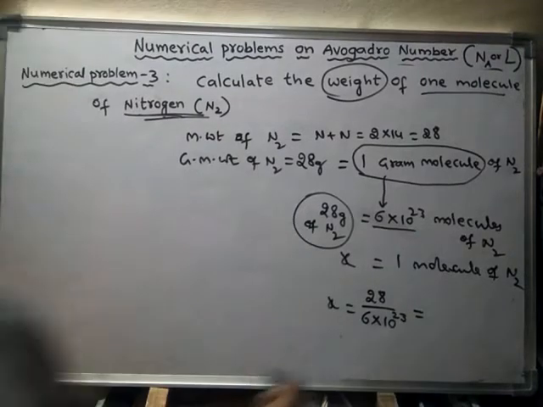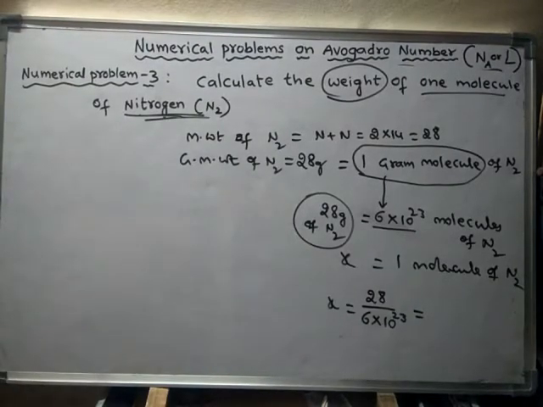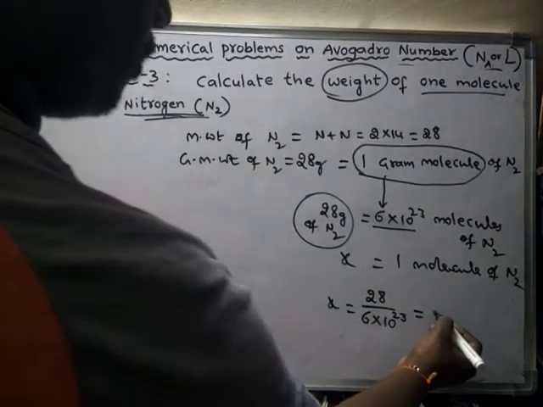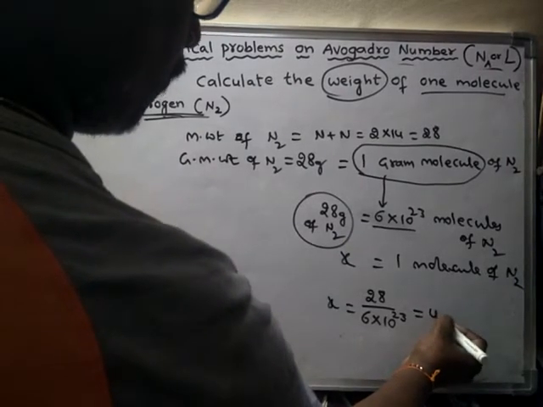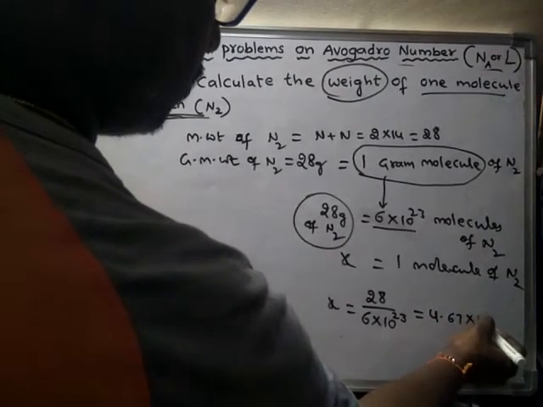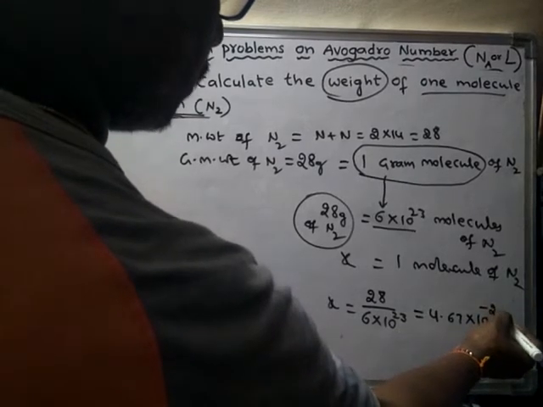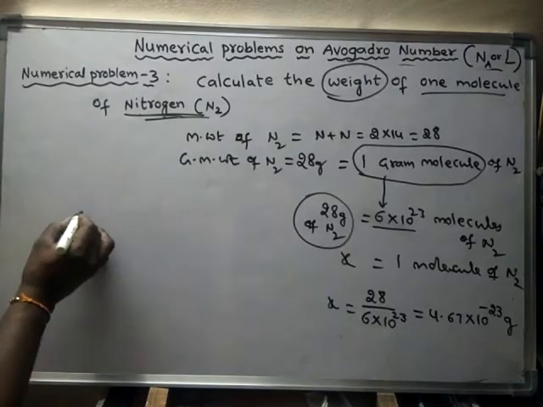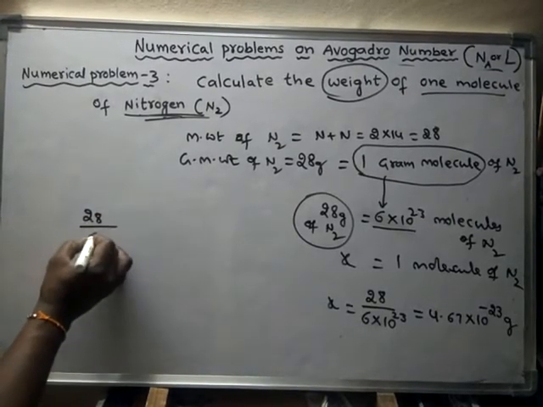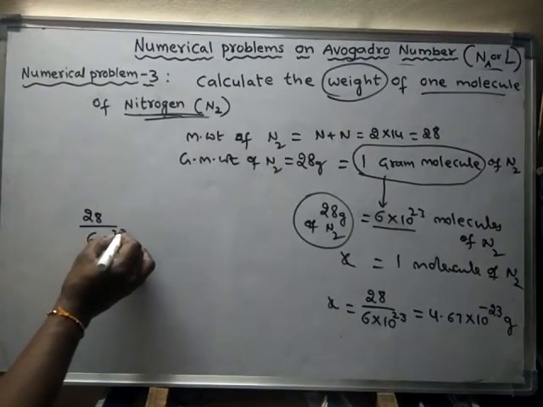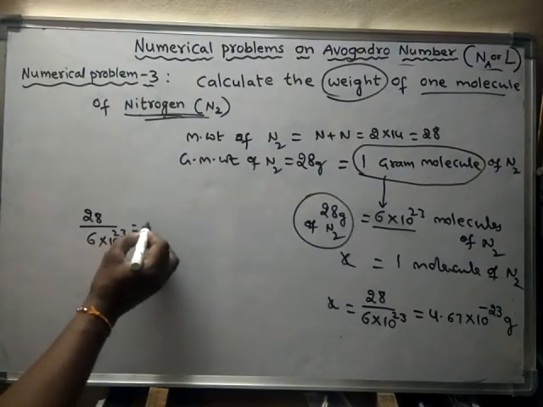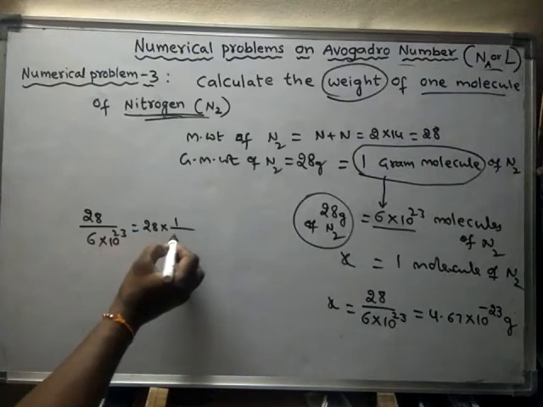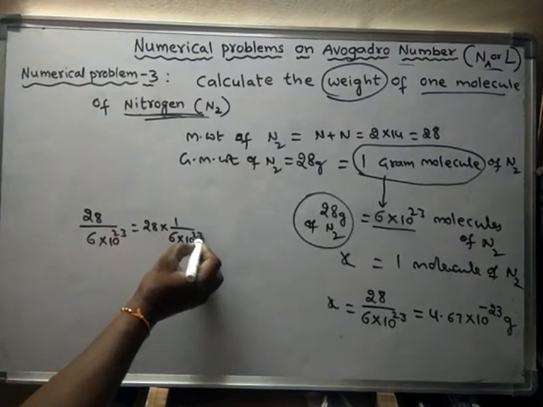It will be around 4.67 into 10 to the power of minus 23 grams. Remember that 28 by 6 into 10 to the power of 23 is actually equal to 28 into 1 by 6 into 10 to the power of 23.